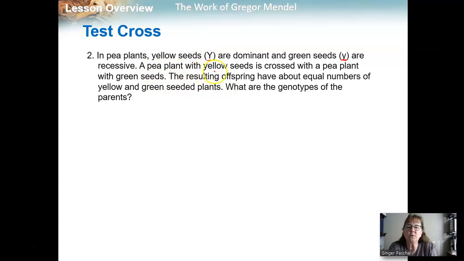A pea plant with yellow seeds, so we know one individual has capital Y, and we don't know what the second letter is because they're yellow, and they could be capital Y, capital Y, or they could be capital Y, lowercase y. We don't know for sure. The resulting offspring have about equal numbers of yellow and green seeds.